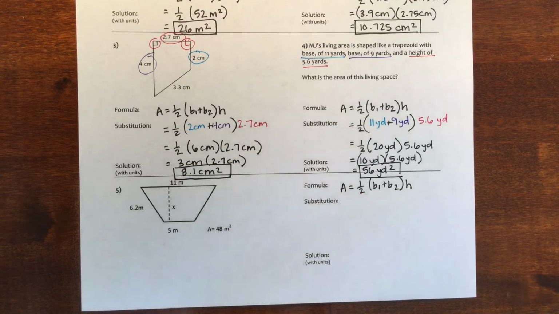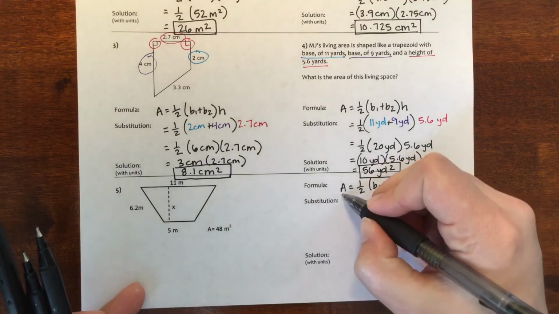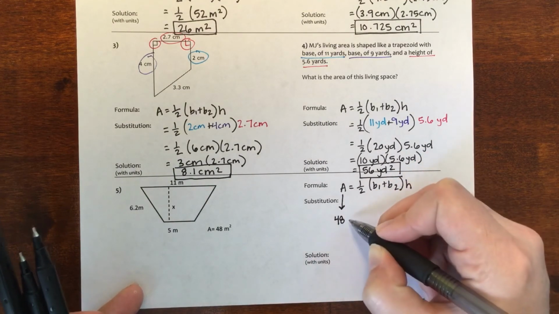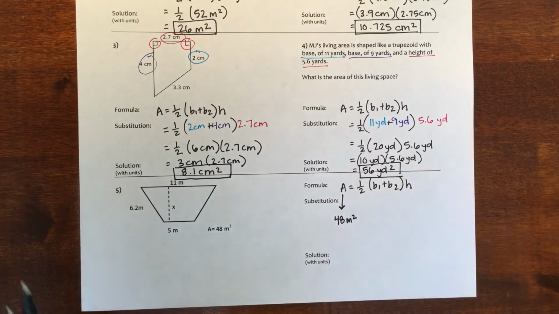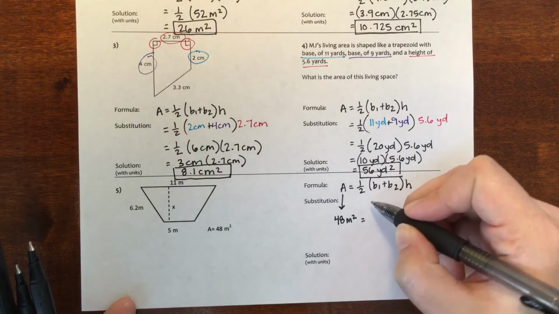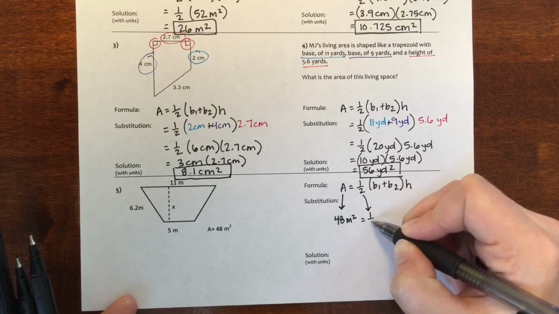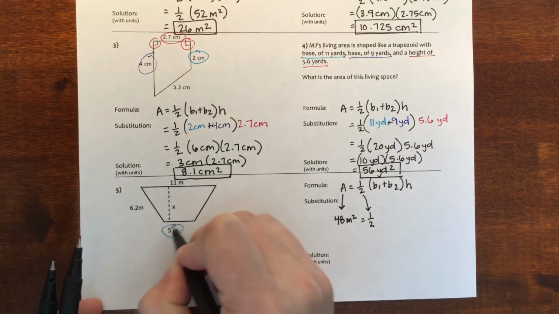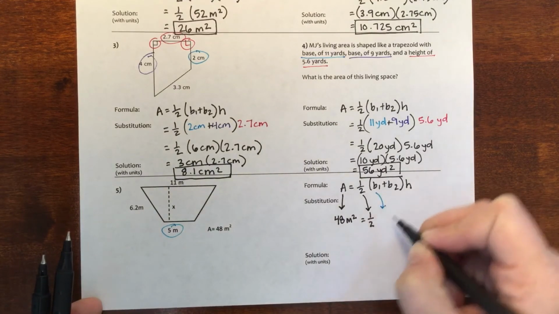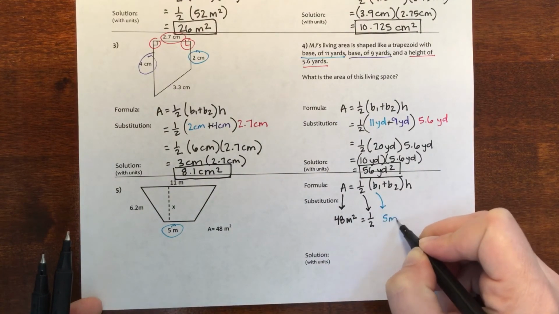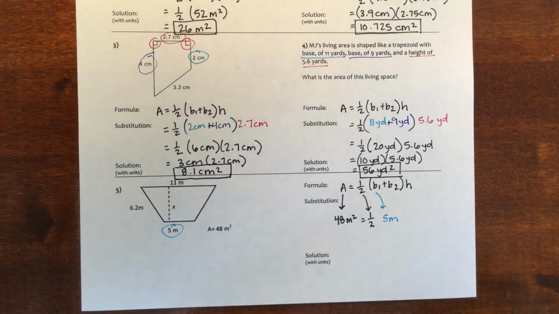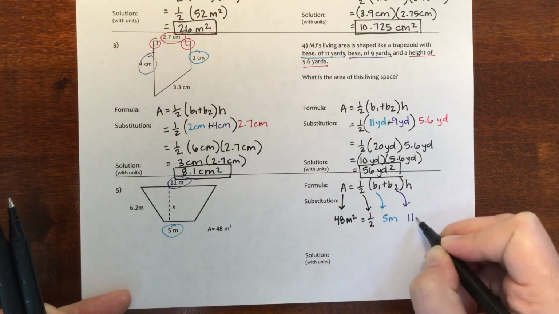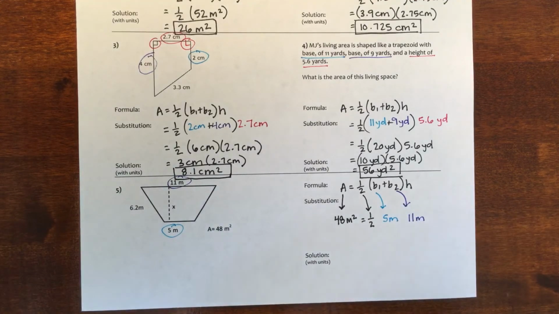Finally, for number 5, I'm given an area of 48 meters squared. I'll bring down the half, and I'll be working backwards. I'll let the 5 be base 1. I could easily make the 11 also be base 1. It doesn't matter. And the height, again, is unknown.